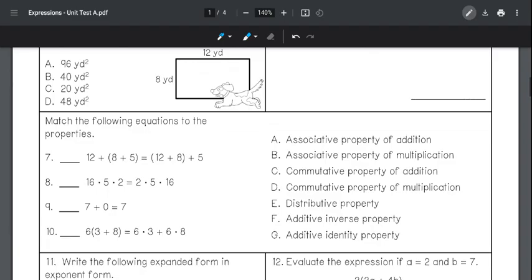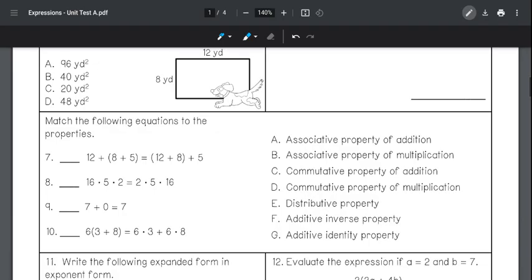A, the associative property of addition, B, the associative property of multiplication, C, the commutative property of addition, D, the commutative property of multiplication, E, the distributive property, F, additive inverse property, or G, additive identity property. Number 10, 6 times the quantity of 3 plus 8 is the same thing as 6 times 3 plus 6 times 8.